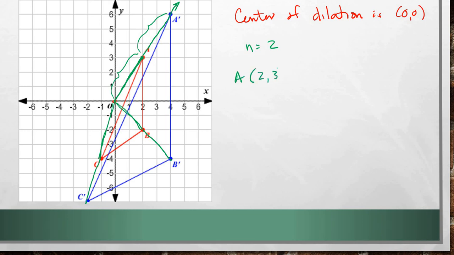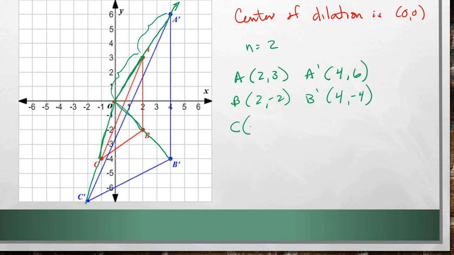Another way to look at this is that the point for A is 2, 3, while A prime is 4, 6. From the origin, I have doubled my x and y distances. B was 2, -2, whereas B prime is 4, -4. Everything has been doubled.